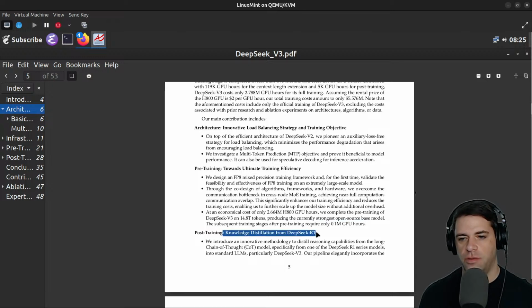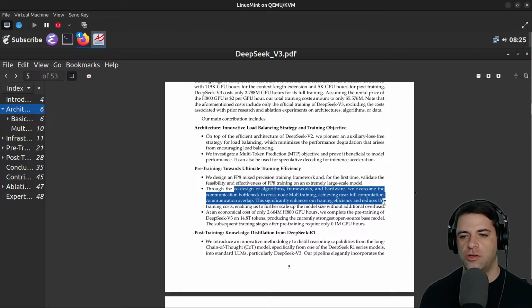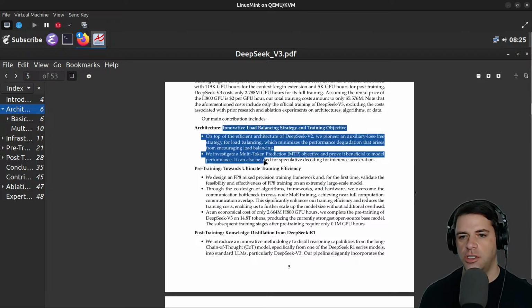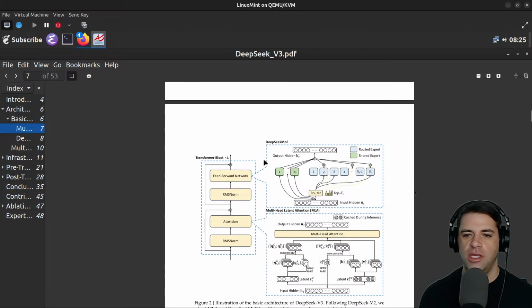And then they made a few updates to pre-training, including a floating point 8 mixed precision training framework, basically training in lower precision floats. And they tweak their algorithms for running mixture of experts and load balancing. It's essentially parallelization of the DeepSeek V2 architecture.